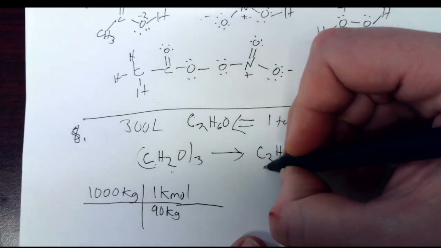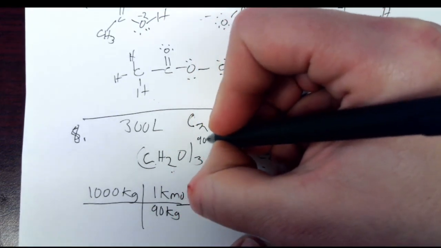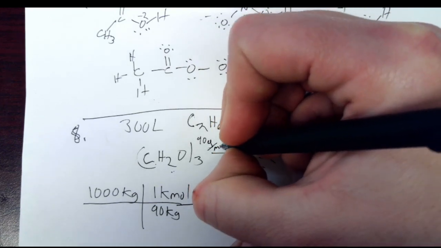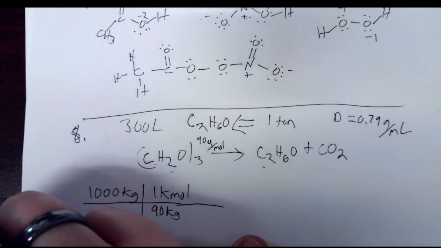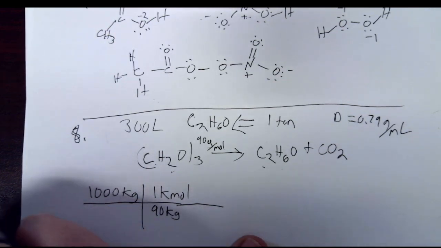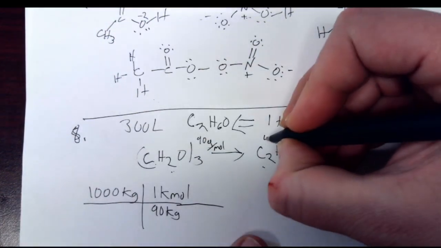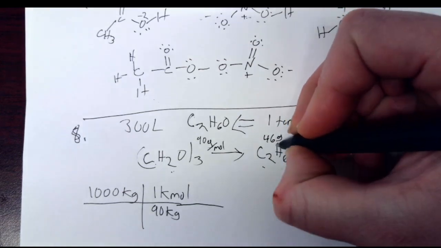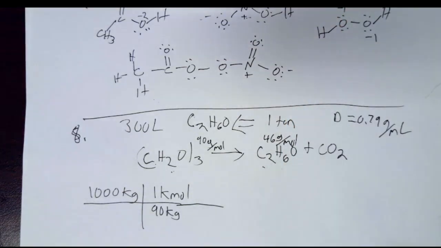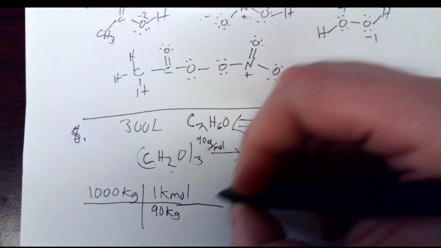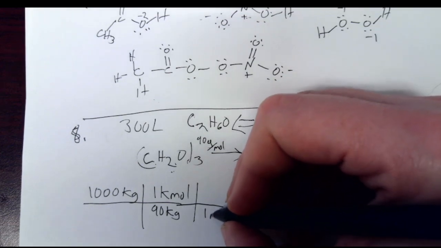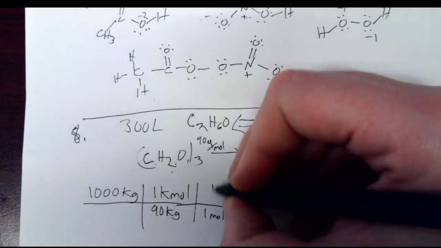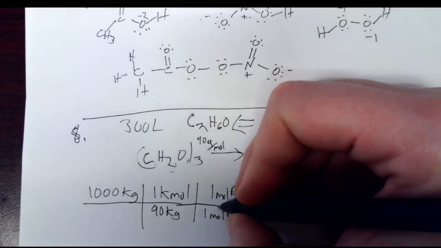And the molar mass of this guy would be 12 times 2 plus 6 plus 16, so something like 46 grams per mole. Meaning 1 mole of reactant is going to give me 1 mole of product.